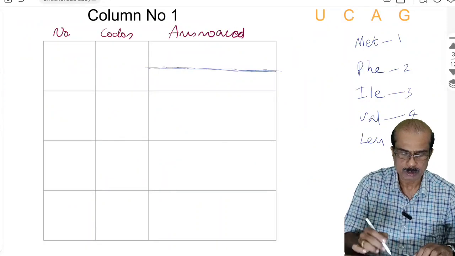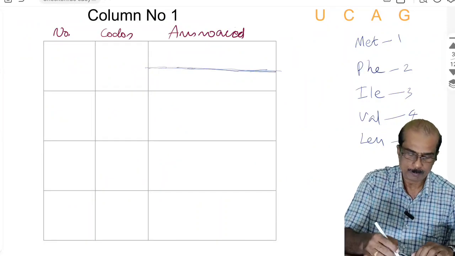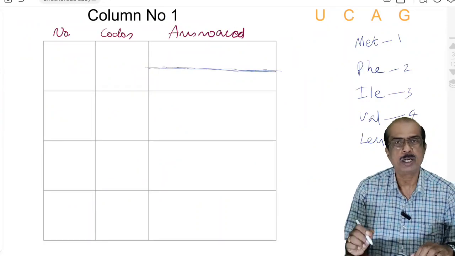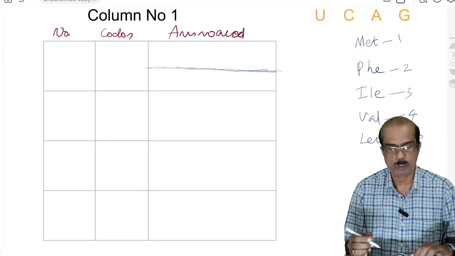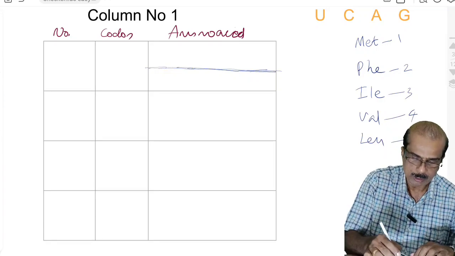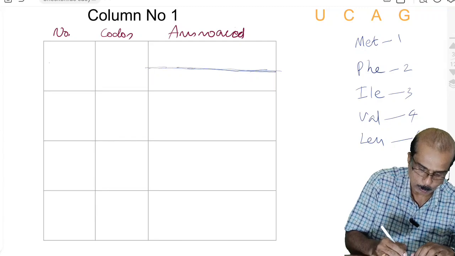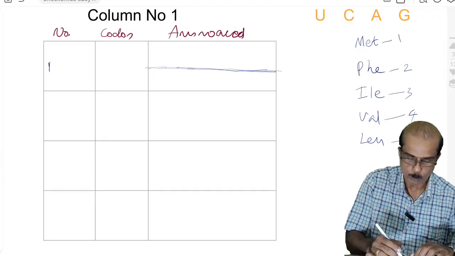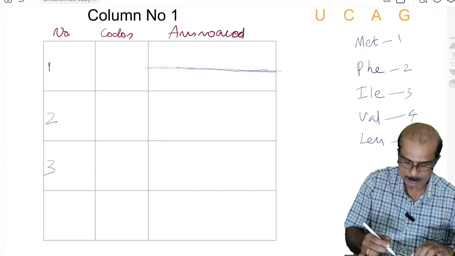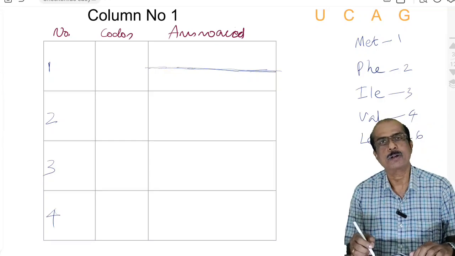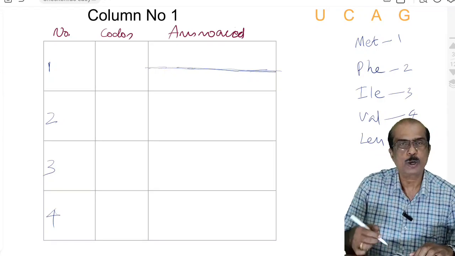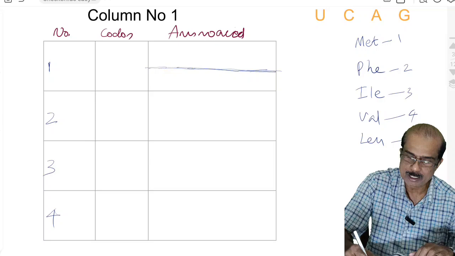Here, this is column number 1. A column is vertical, rows are horizontal. In this column number 1, this is row number 1, row number 2, row number 3, and row number 4. In each row, the amino acids vary.